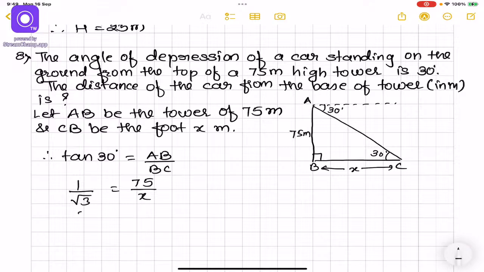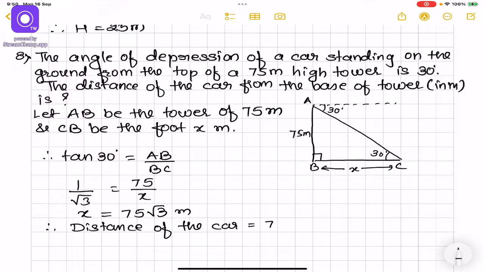So, x equal to 75 root 3 meter. So, therefore, distance of the car equal to 75 root 3.